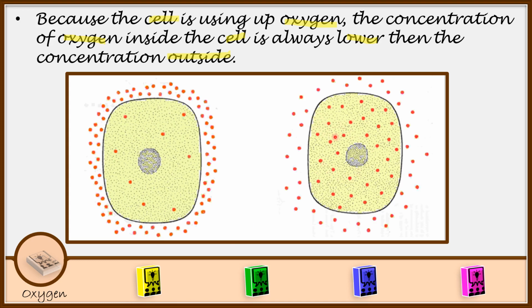Why? This is because as the oxygen enters, it is used by the process of respiration, which is producing carbon dioxide. So the concentration of oxygen will always be lower inside the cell compared to outside. So there will always be diffusion of oxygen into the cell.